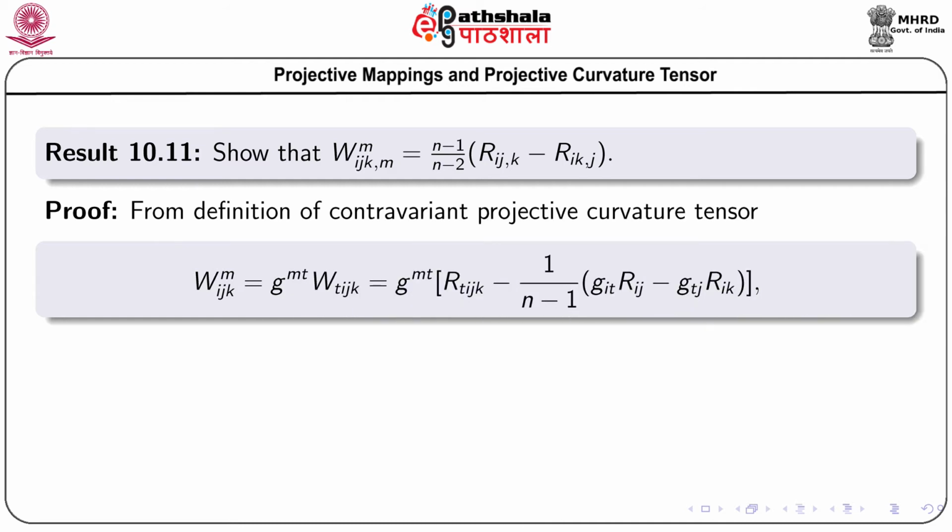So, from the definition of the contravariant projective curvature tensor, we have W^m_ijk equals g^mt W_tijk, and putting the value of W_tijk on the right hand side, we get g^mt [R_tijk minus 1 by n minus 1 (g_it R_ij minus g_tj R_ik)].